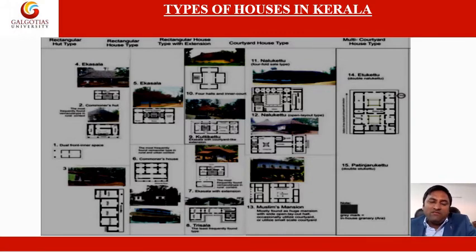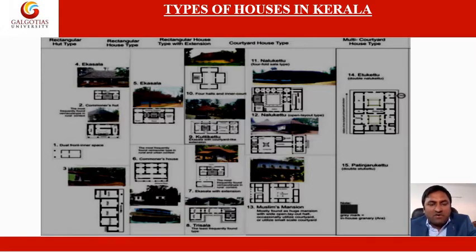It has only one common hall. Ekshala comes in both hut type and house type. Hut type is basically made with kacha material, not very strong, not very durable material. But house type is made from durable material.